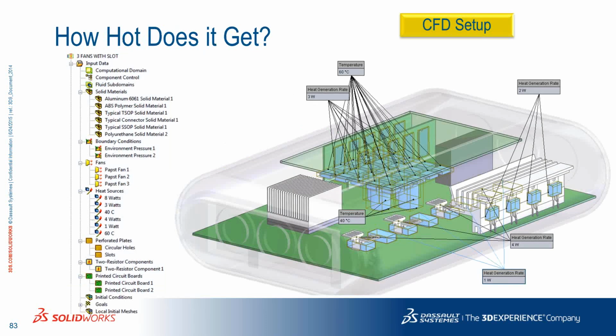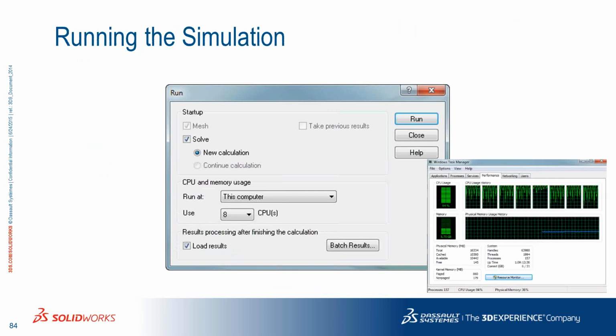And finally, we go ahead and run the analysis. One of the things I like about flow simulation is that you can run the simulation on a remote machine and continue doing something on your local machine. That way your local machine is not frozen up while the analysis is running on a remote machine. Also with flow simulation, you can control the number of CPUs you want to use for a particular analysis.